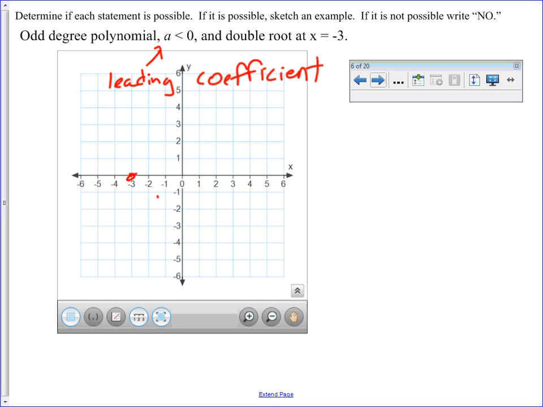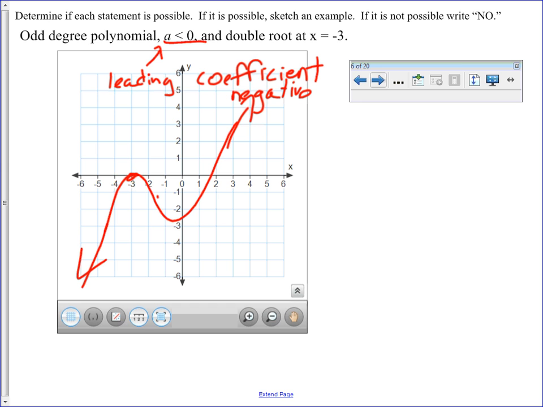So a is less than 0, which means that the leading coefficient is negative. And that means it's going to start down here, and it's going to end up here somehow. So I'm going to come through, hit the double zero there, turn, come back through, and now we've got an odd degree polynomial.